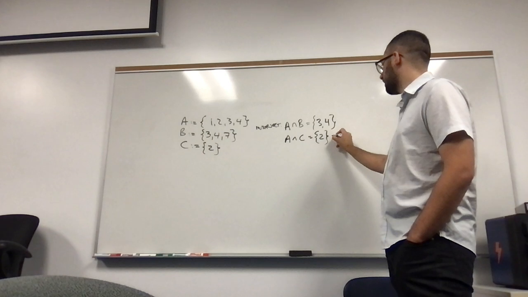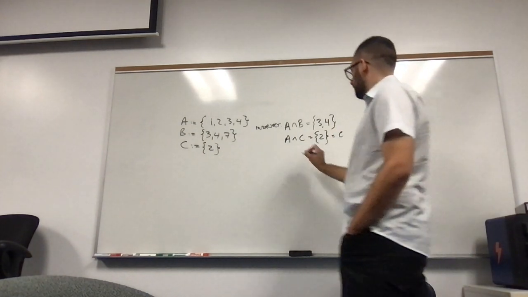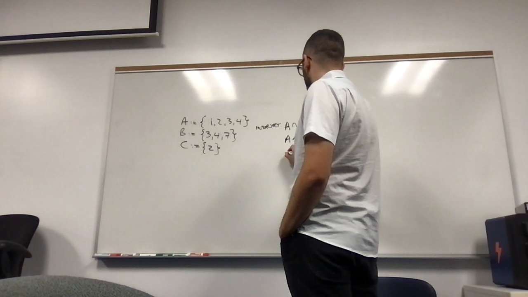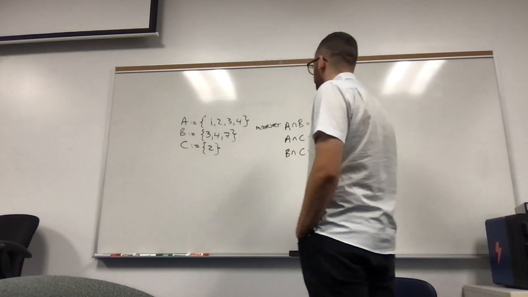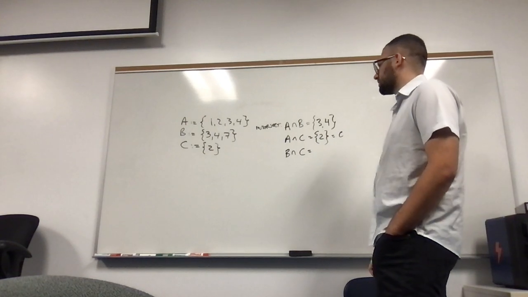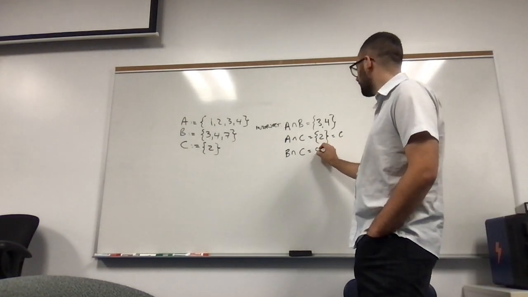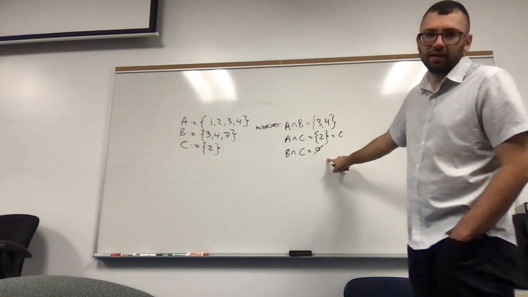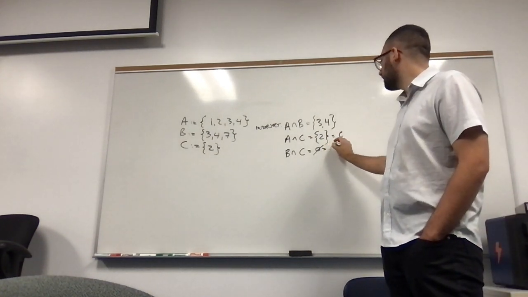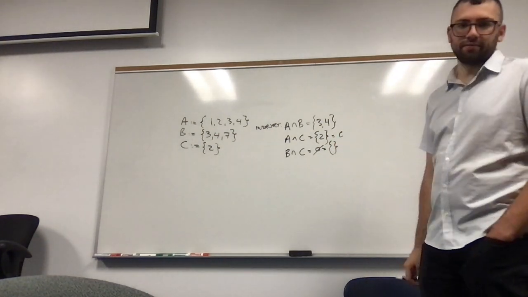So it's actually just equal to C. And then another one is, let's do B intersection with C. Well, B intersection with C, they have nothing in common. So we say that the intersection is the empty set. You can either write it using like this circle with a slash through it, or you can write it as like 2 empty curly brackets with nothing inside them.